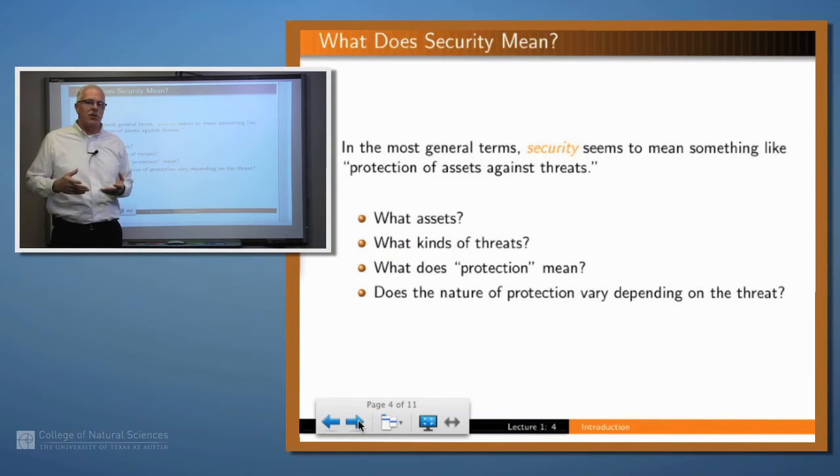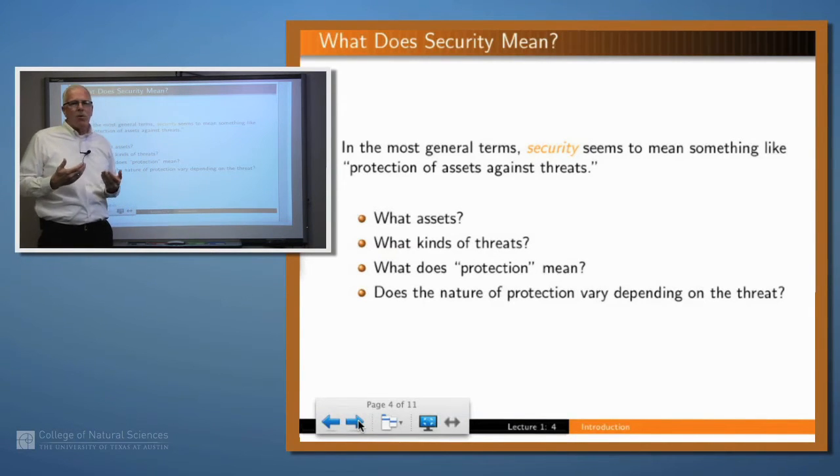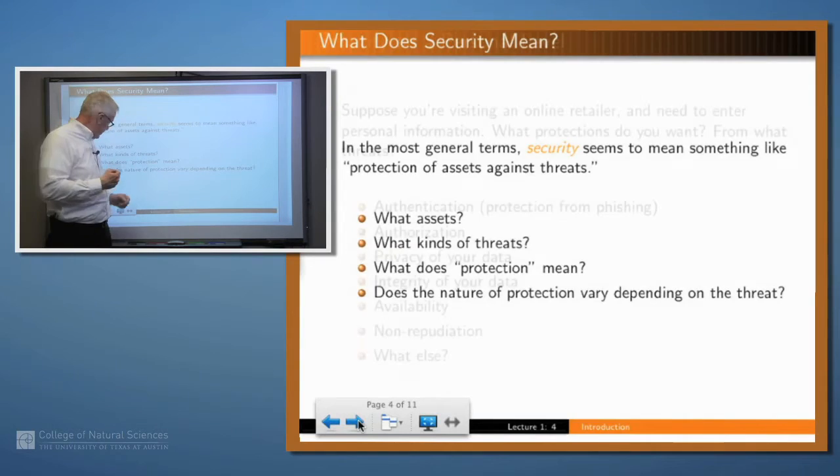It turns out that there's a well-known recent attack called Stuxnet, which you may have read about, which was a computer security attack on pieces of hardware. So even the hardware may be at risk from computer security threats. And so one might expect that the protections you want to put in place against those various threats are going to be different in those different contexts.